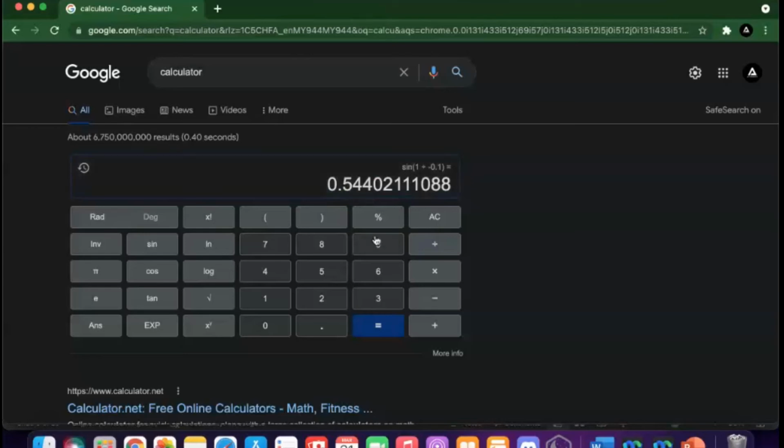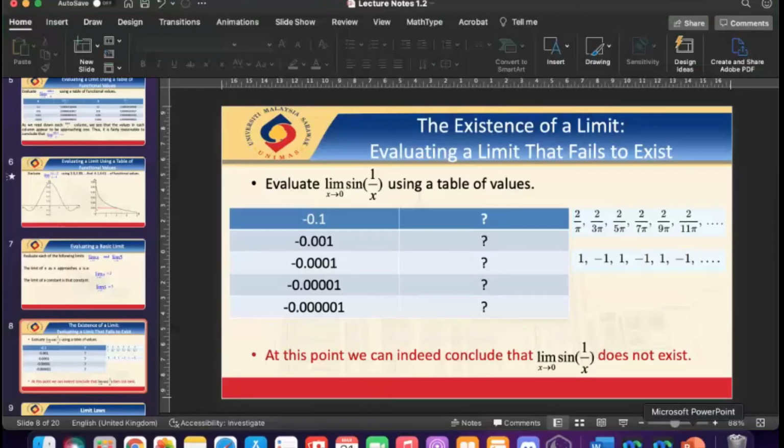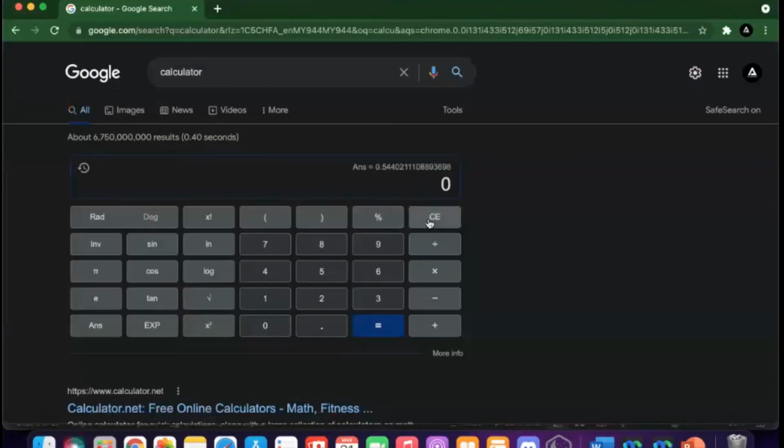So the answer is near to 0.5. But if I change to the other value, negative 0.001, let's see again. What's the value? Let's clear this. So sine of 1 over negative 0.0001. Okay, the answer is 0.3 some value.